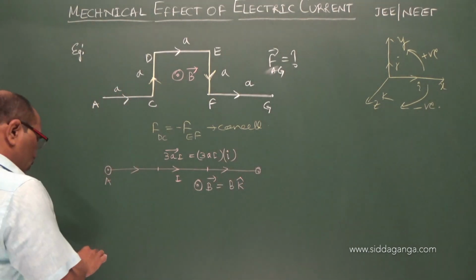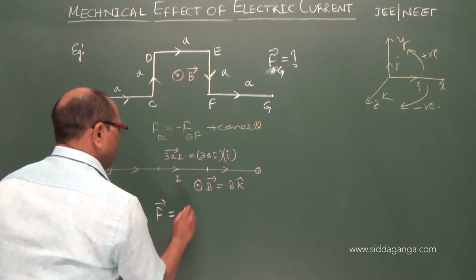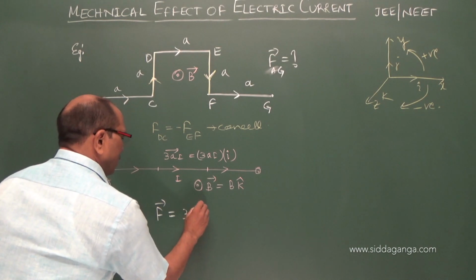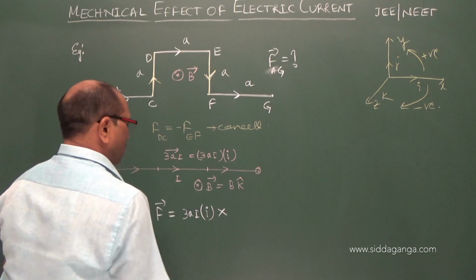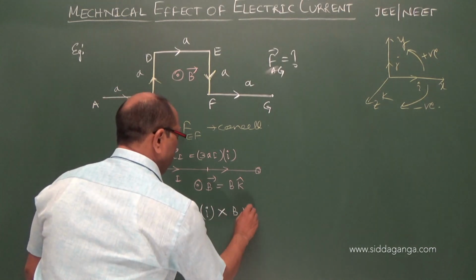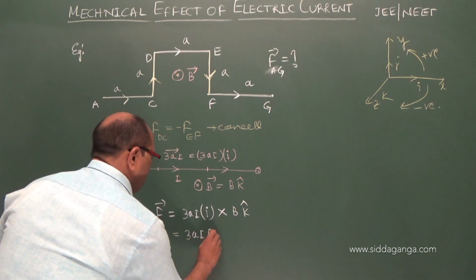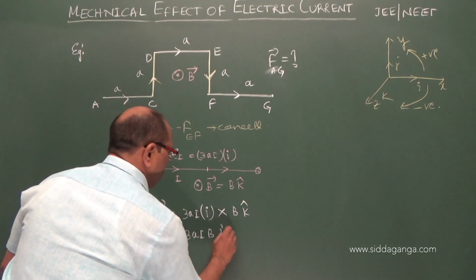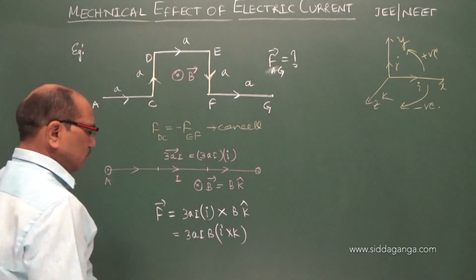What is the force? Force equal to 3AI into I cross BK, that is 3IB into I cross K. I cross K is negative.